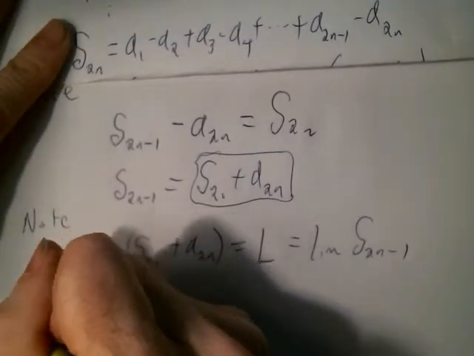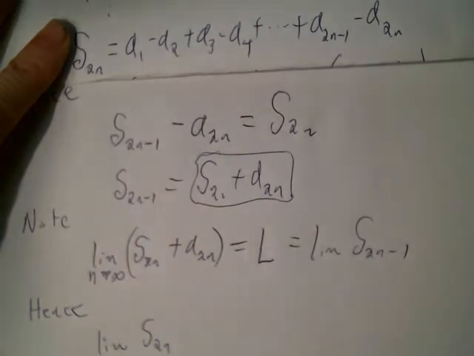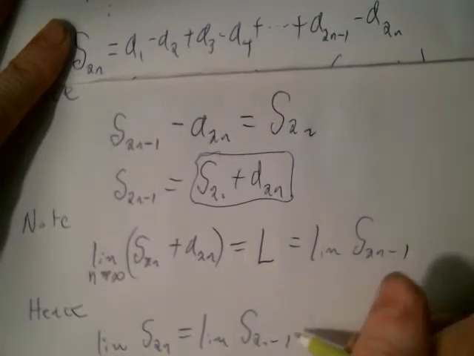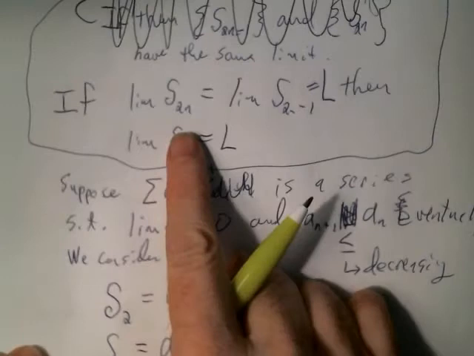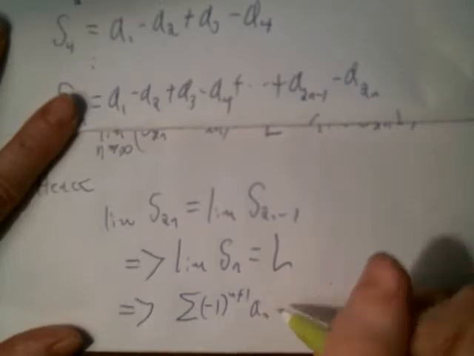In other words, the limit of s sub 2n is equal to the limit of s sub 2n minus 1, which then implies, from the second thing you magically know is going to happen, that the limit of s sub n is equal to L, and that in turn implies the series sum of -1 to the n plus 1 of a sub n from n equals 1 to infinity is convergent.